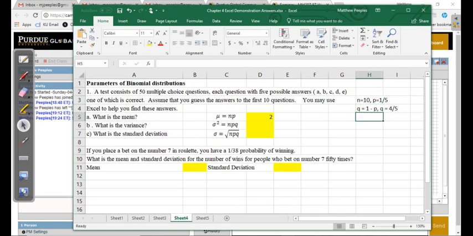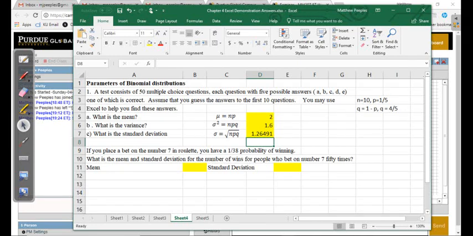All right, so let's see what that looks like. We're going to get 10 times 1/5 times 4/5, giving us a variance of 1.6. And of course, if we take the square root of that number, we've got our standard deviation. So in this case, 1.26.